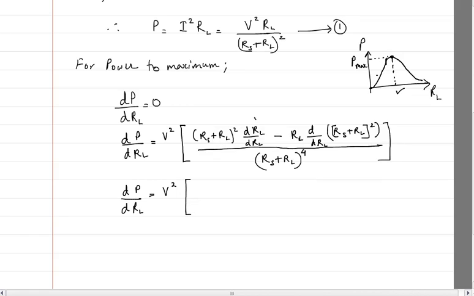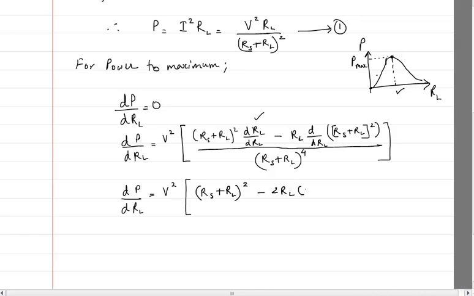In the numerator, the derivative of RL becomes 1, so it is going to be RS plus RL the whole square into 1, minus RL, then from the differentiation, 2 will come outside, so it is 2 times RS plus RL, and differentiating RS plus RL, the answer will be 1.